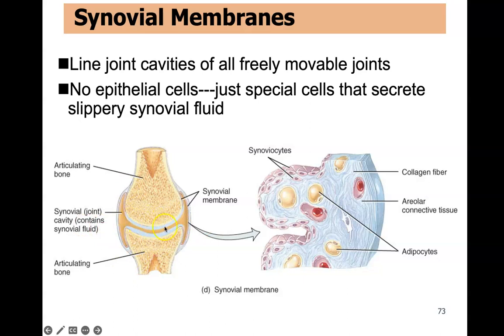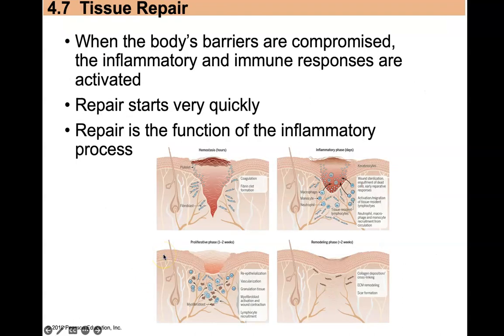We'll talk about in synovial joints too, you even have some articular cartilage at the end of each of those bones, okay? Really briefly, I'm not going to get into this very much because we're going to talk about this when we get into the integumentary system. But again, tissues can repair themselves. So when a body barrier is compromised, the inflammatory and immune responses are going to be activated and take over.